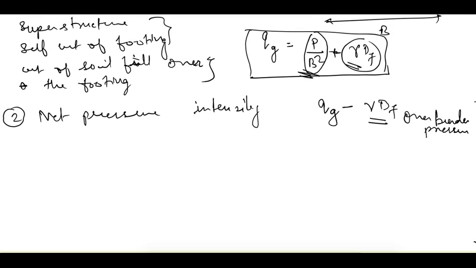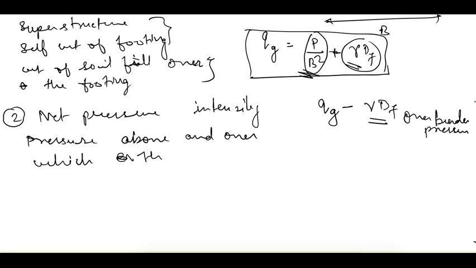So we can define it as the pressure intensity above and over which was there before construction of the structure.